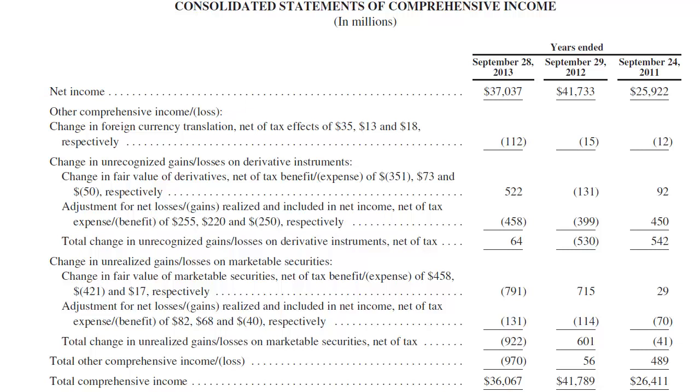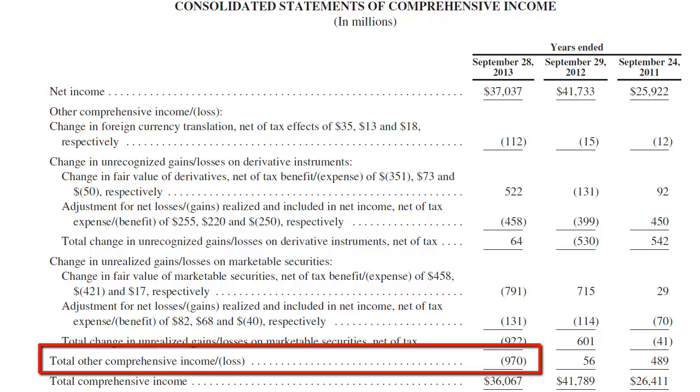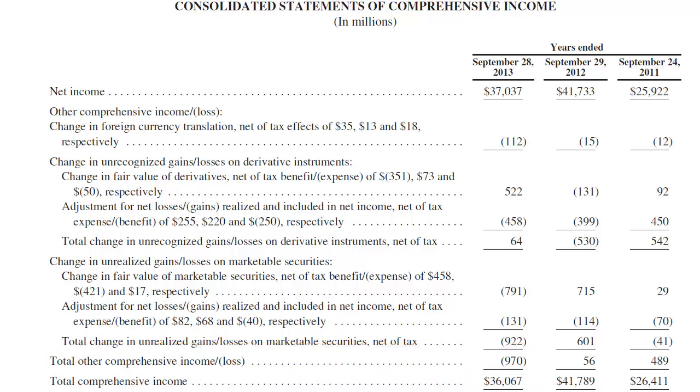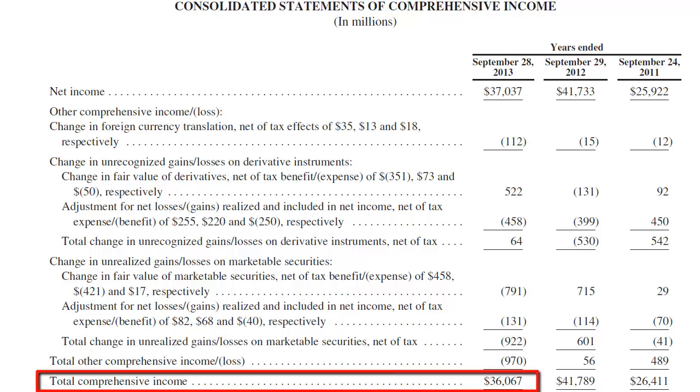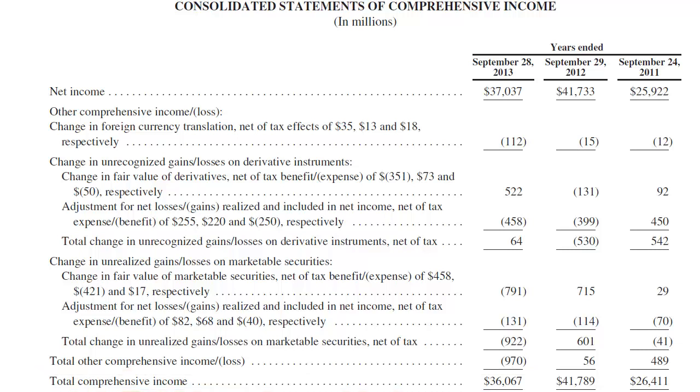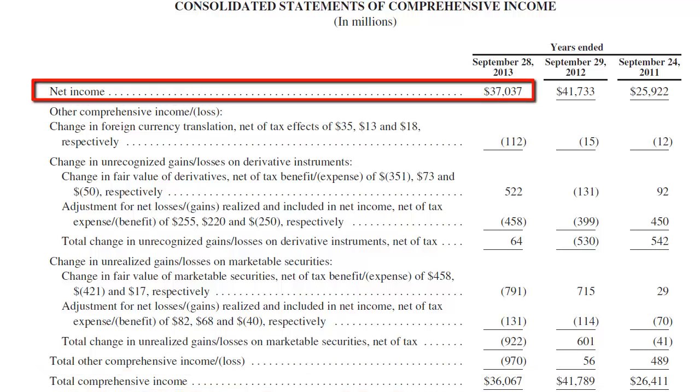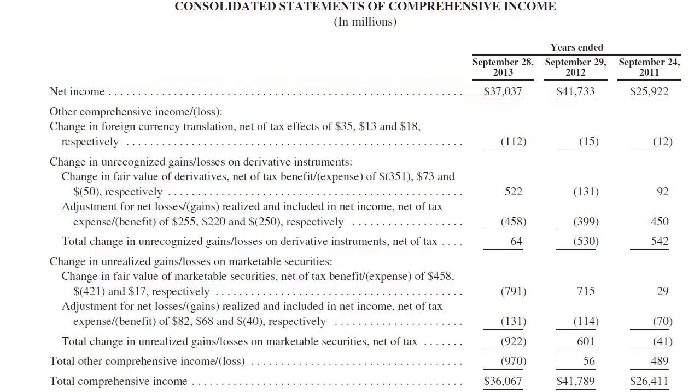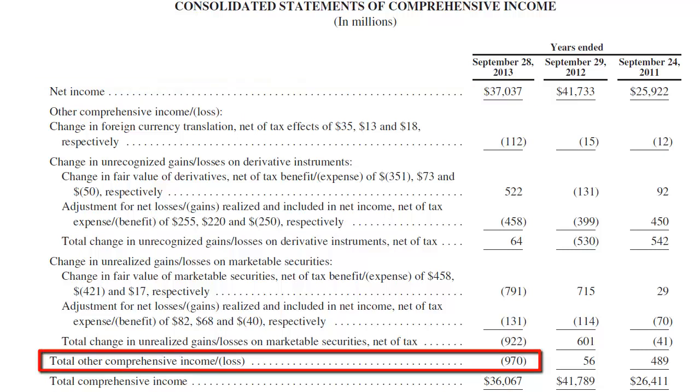Total OCI for Apple Corporation was negative $970 million, which means that they had other comprehensive loss in the amount of $970 million. We can also see that total comprehensive income is the sum of net income and total other comprehensive income, or loss in this case.